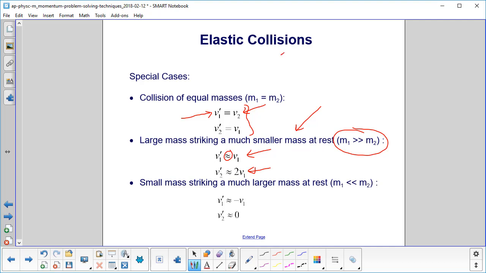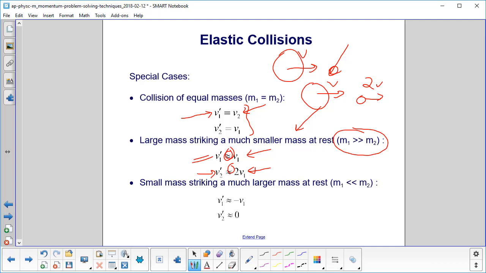So if you have this large mass moving this way with v, hitting this little mass here that's at rest, afterwards the big object will still be going on with the same velocity v, and the little one will take off with twice v. Now this is approximate, of course, because for momentum to be conserved, you have to lose a little bit of velocity here, right? Because some of that momentum gets transferred to the other one.